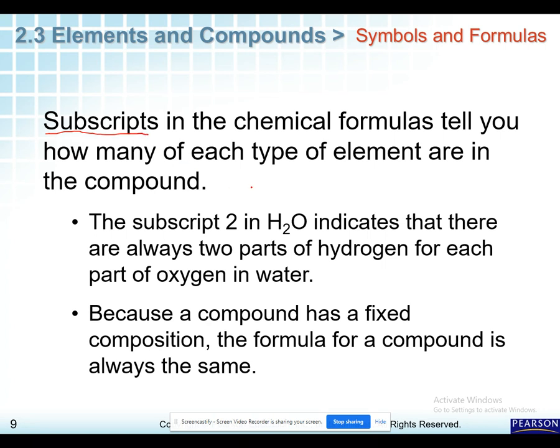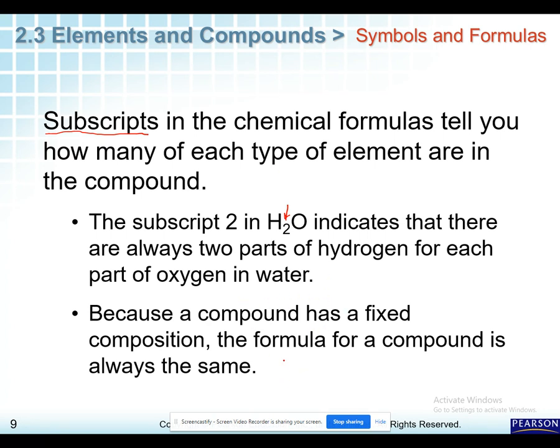If you don't know what a subscript is, it's those tiny numbers that come after the letters. If there's a number after the letter, it tells you how many atoms there are of that element. So for example, there are 2 hydrogen, and if there is no number, it's an understood 1. So there's 1 oxygen. And again, this is fixed and it's always going to be the same.